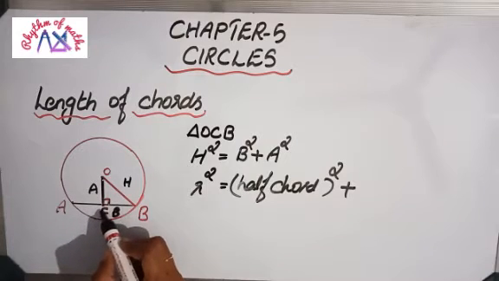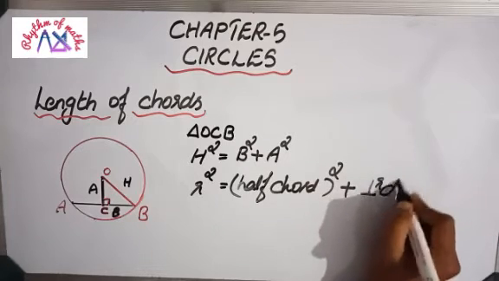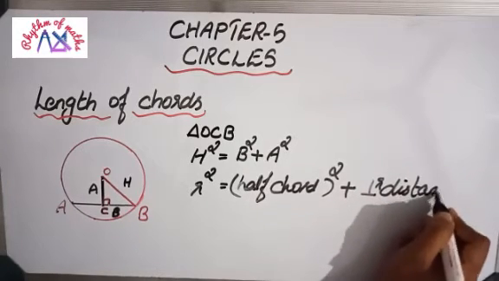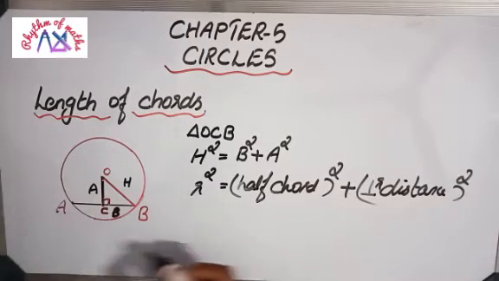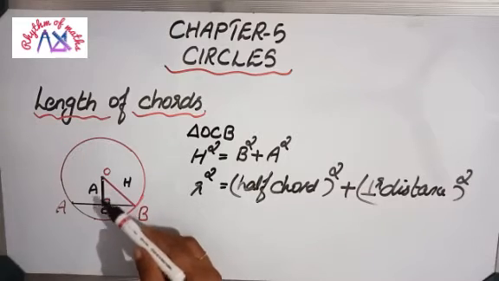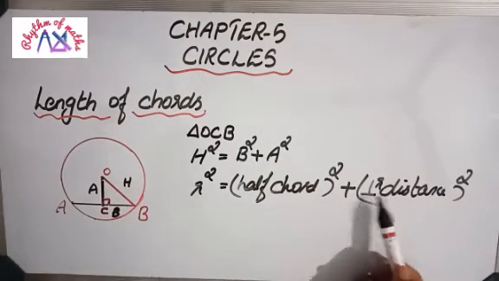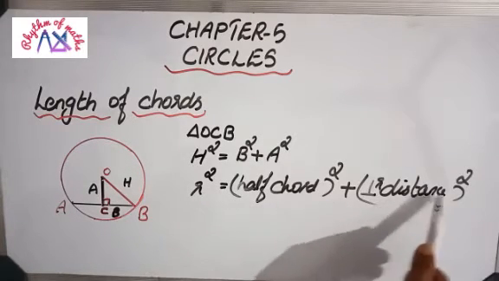OC is the altitude here, that means the perpendicular distance to the chord. So for a right triangle, with the radius, perpendicular distance and half of the chord, this will be the relation: radius square equals half chord square plus perpendicular distance square.